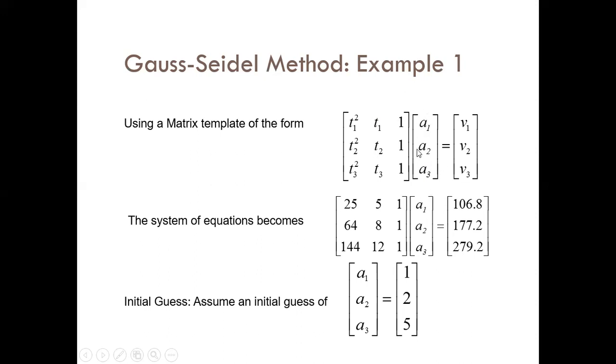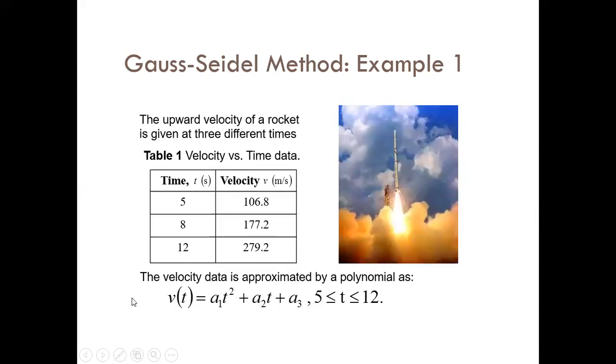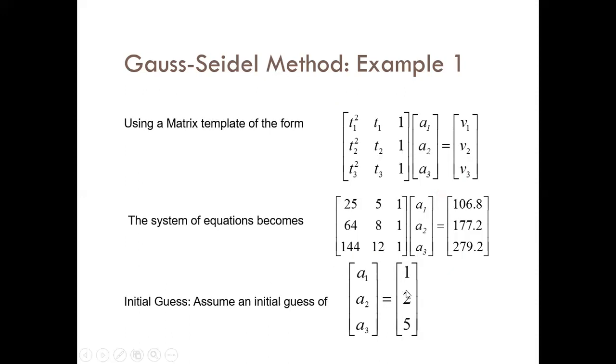A1, A2, A3 are the unknown values of the simultaneous equations, and we will find the values of A1, A2, and A3. The initial guess is 1, 2, 5. Then put the values of T1, T2, and T3 in that matrix and find the answer.